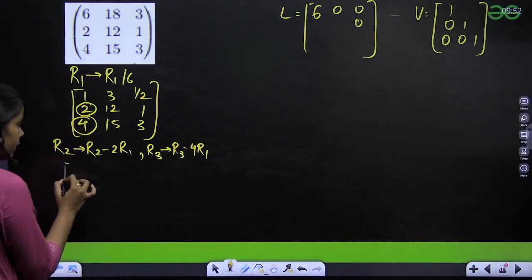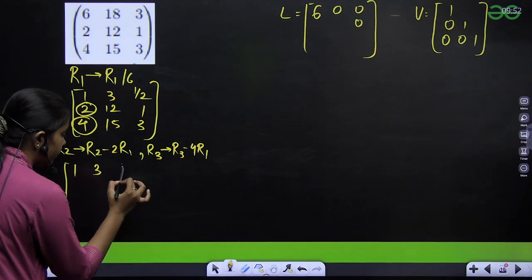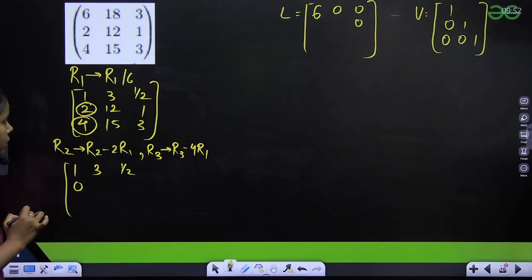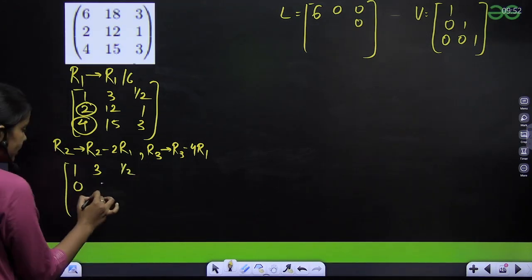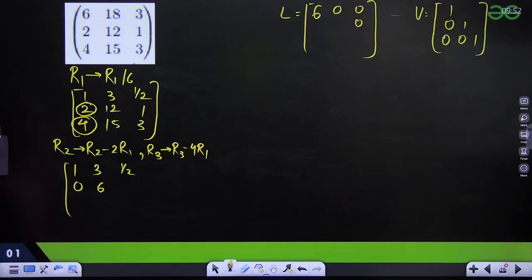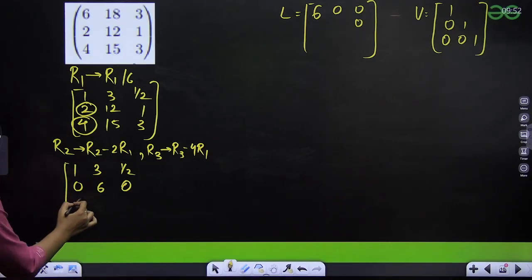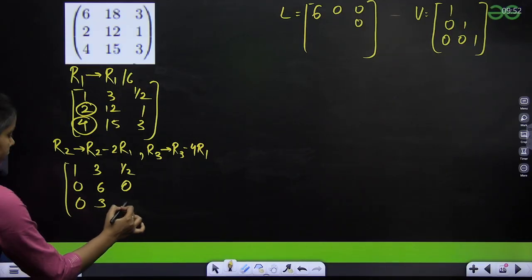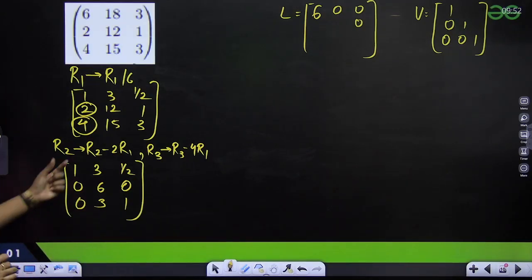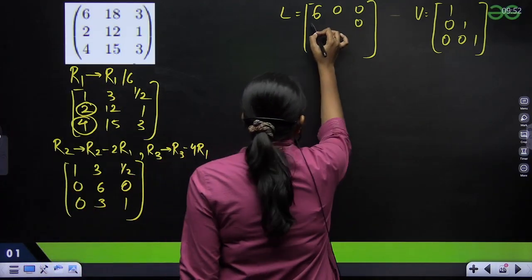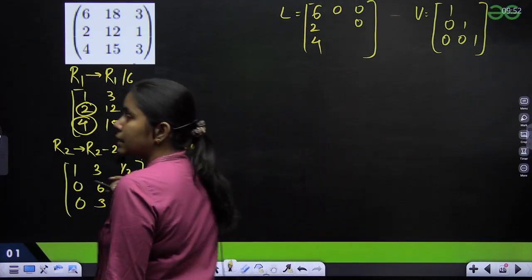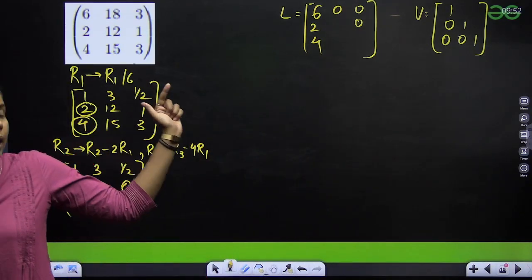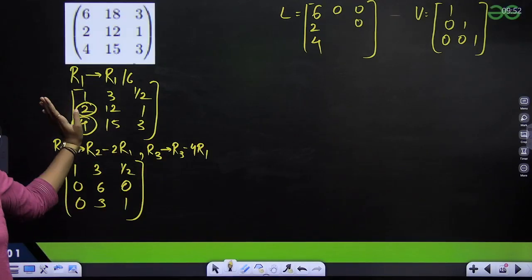I'll solve it here. 1, 3, 1 by 2, and then 0. 2 threes are 6, so it would be 6, and 2, then 0 again, and 0, 3, 2, that would become 1, right? So 2 and 4 get subtracted, so I'll add 2 and 4 in L. This is what I have done previously.